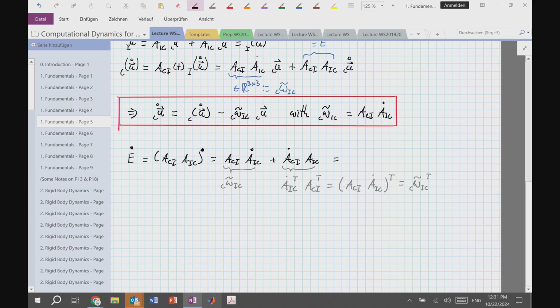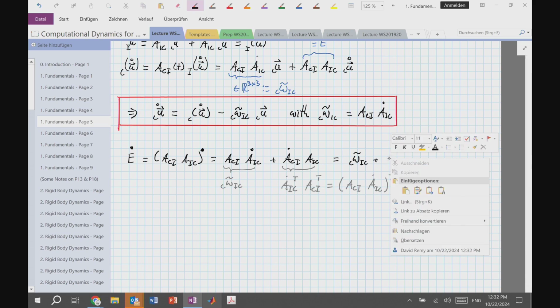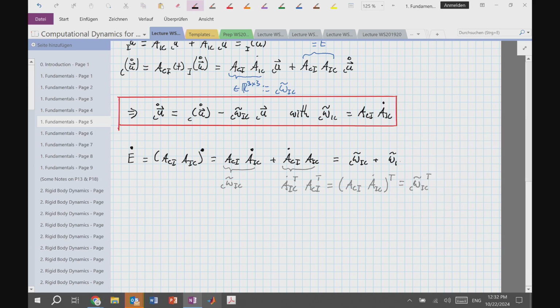So what I get here is omega IC tilde plus omega IC tilde transpose, which is equal, and now I have to look to the very left of this equation where I started, the time derivative of the identity matrix. So that is equal to 0. So what I see here is that omega IC tilde is equal to minus omega IC tilde transpose.